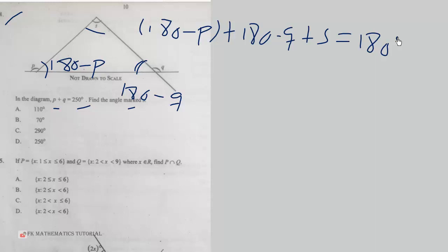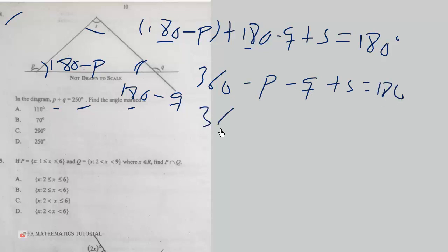So we have 180 plus 180 is 360, then we have minus P minus Q plus S equal 180. So we're going to get 360 minus into bracket P plus Q, I'm factoring -1 out, plus S equal 180.